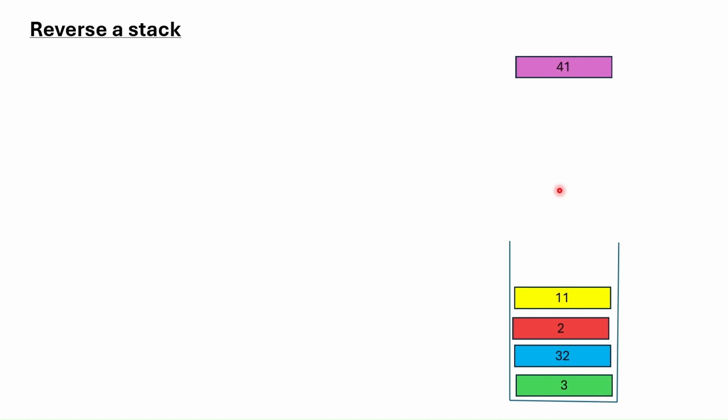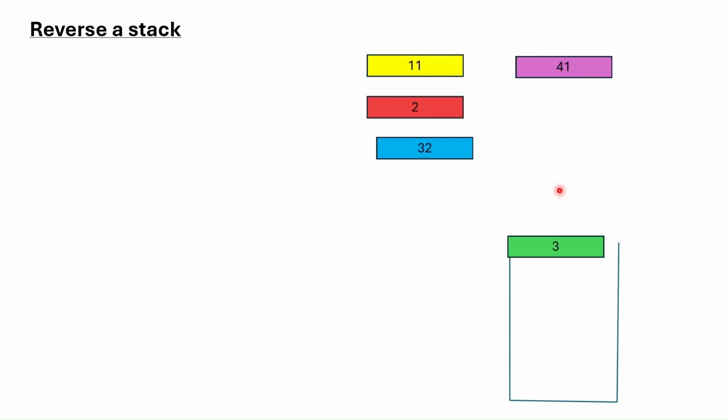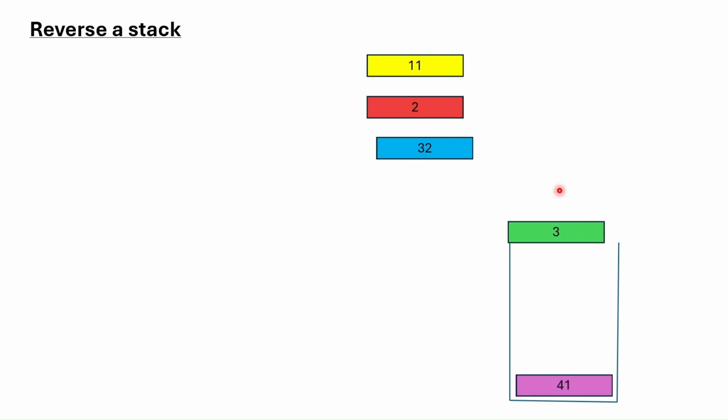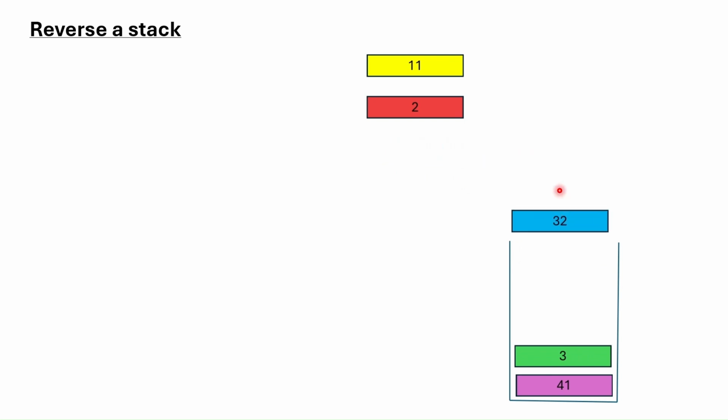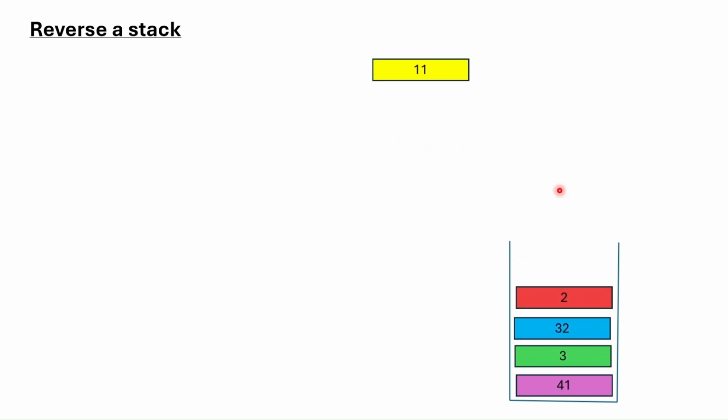So again, we need to pop all these elements. And then we push this 41. Then we push 3. Then we push 32. Then we push 2. Then we push 11. So now look, our stack is successfully reversed.